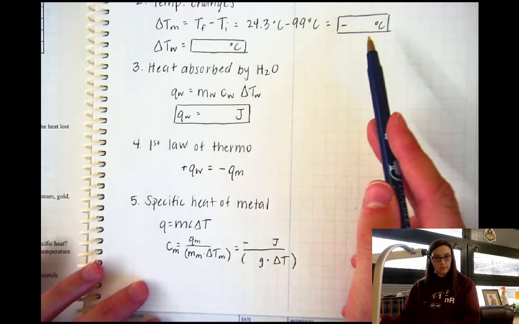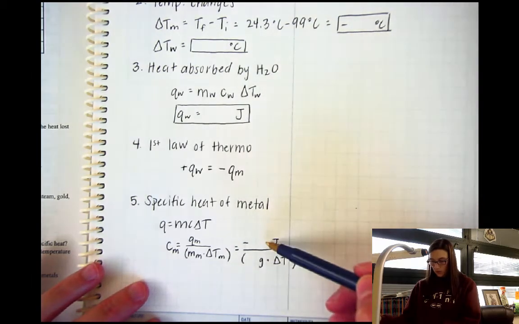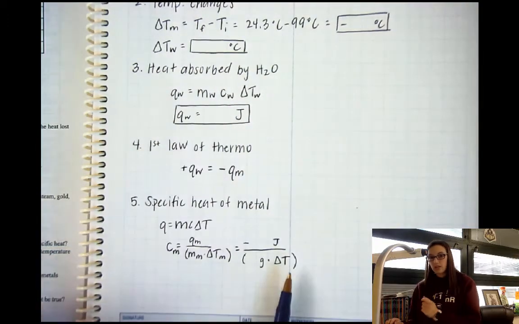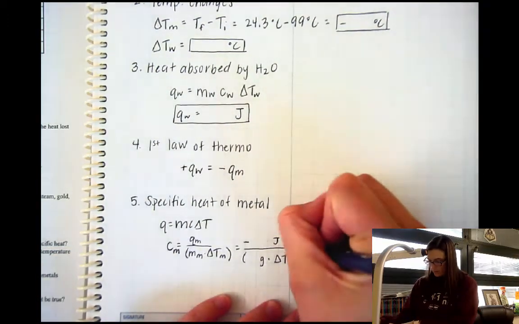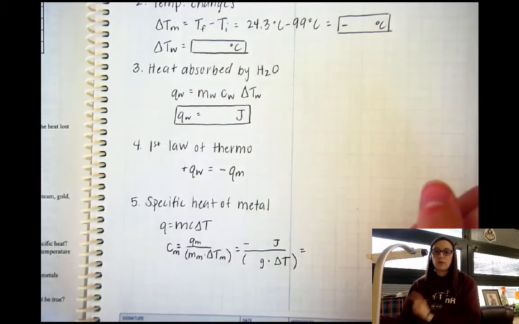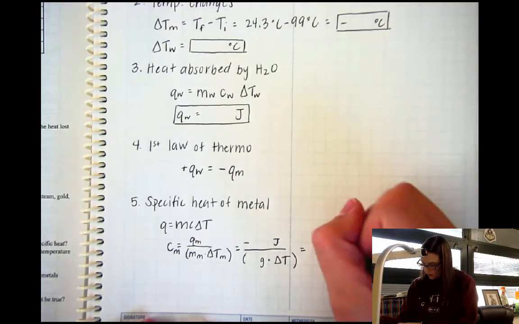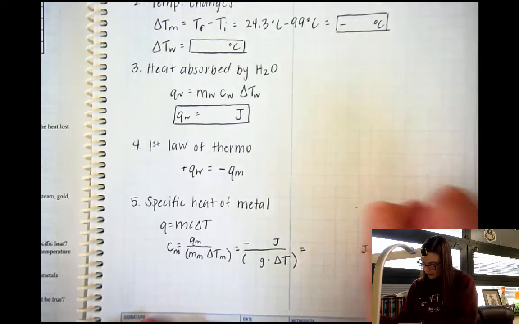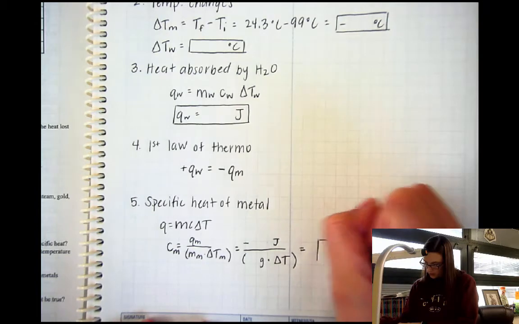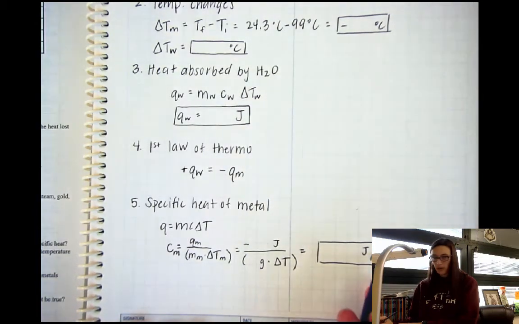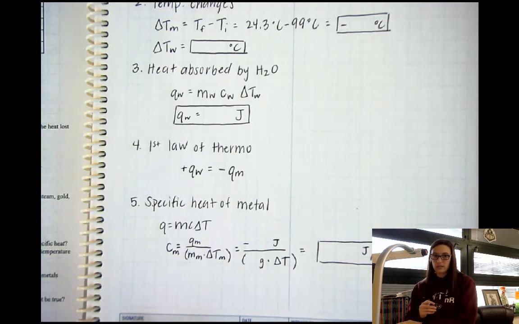Okay, so again, we want Q of the metal, that should be negative. Delta T is also negative, so those negatives will cancel out. C should always be positive. Specific heat is always a positive value. So when I solve, I'm going to get joules per gram degrees Celsius. Those are your units for specific heat. How much energy does it take to heat 1 gram of the metal by 1 degree Celsius?